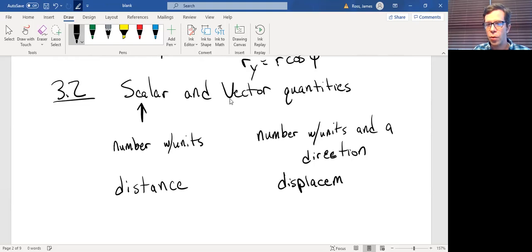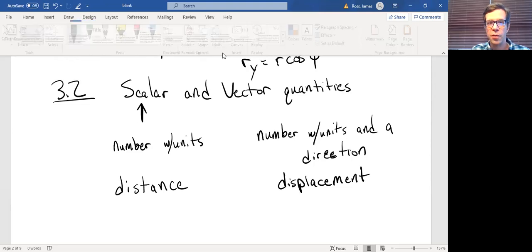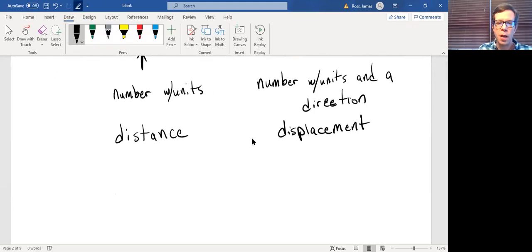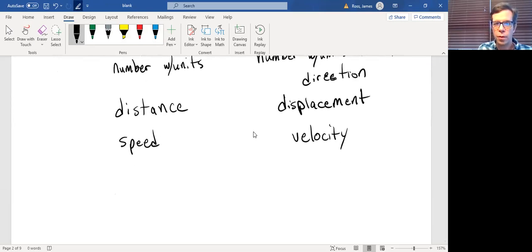I've now told you what direction from my reference point I am. I'm not just giving you the length of how far it is. Similarly, related things, we have speed and velocity. So these are related quantities.